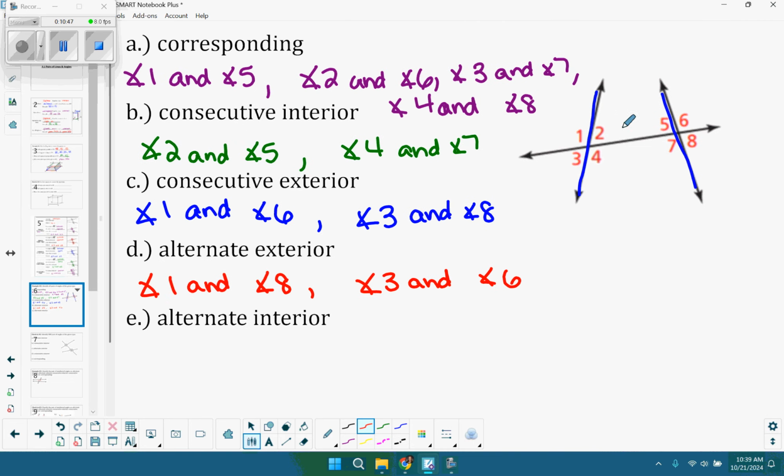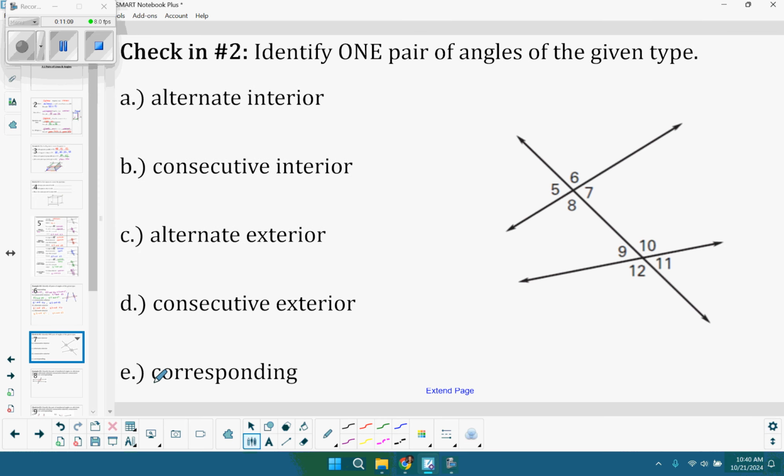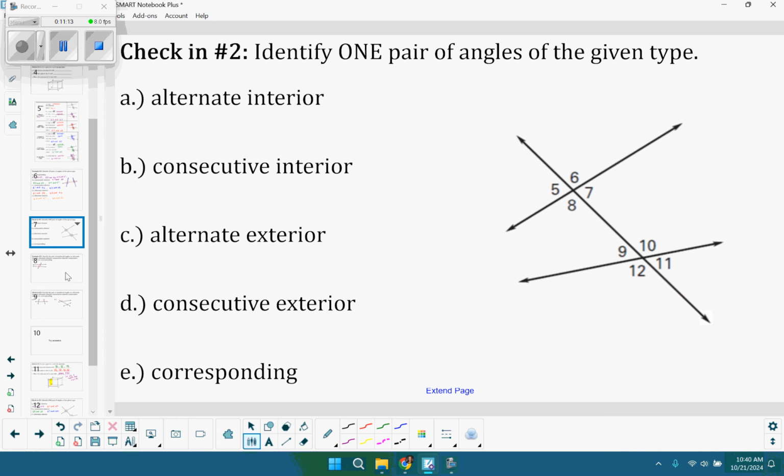So we're back to using the 2, 5, 4, and 7, but we're switching sides of the transversal. So if I picked 2, I would have to jump over with 7. Or angle 4 and angle 5. So here's a check-in for you to try. Pause if you'd like. You can check your answers in the notes posted online.